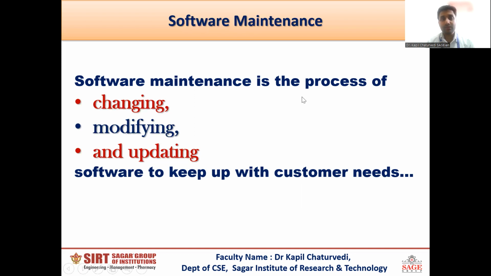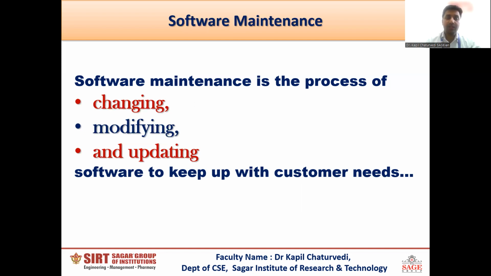Software maintenance is the process of changing, modifying, and updating software to keep up with customer needs. As we see in sites like Amazon, Flipkart, and banking sites, or any commercial application, as per the policy, the customer need, and the conditions of the market, software is continuously updated as per the demand of the customer and the market, and the policies of the government.